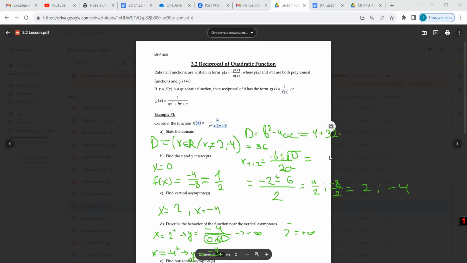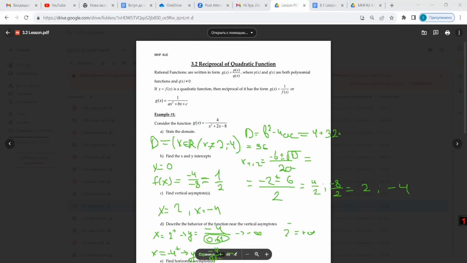What is it going to be? This is going to be a small positive number. So -4 divided by a small positive number would give us something like, imagine it's 0.0 something.